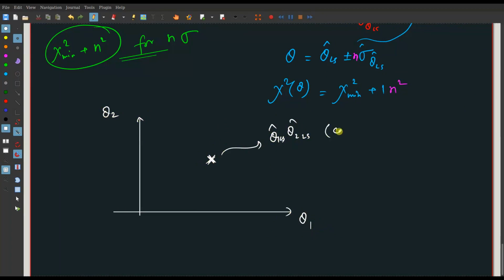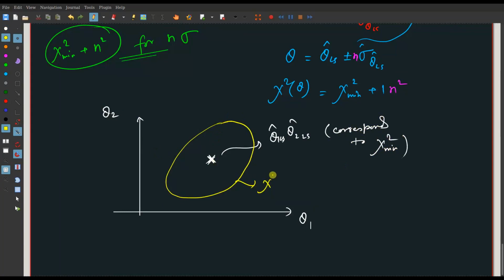This corresponds to chi-square mean. And if you draw a contour around it, the contour is usually elliptical because of the functional form. So this is the contour in the theta 1 theta 2 plane where chi-square is raised by 1 unit.